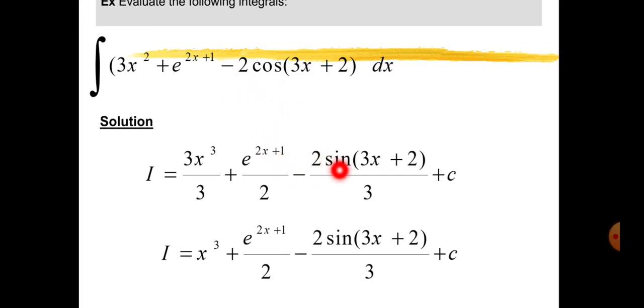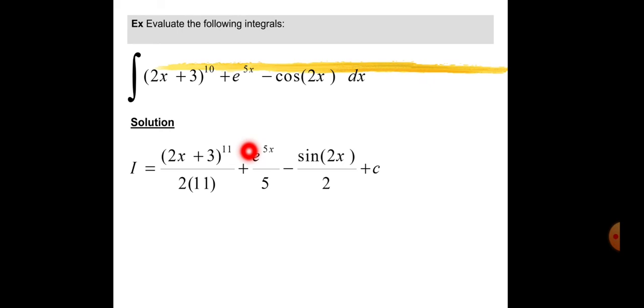Integration of cosine 3x plus 2 is sine 3x plus 2 over the coefficient of x, which is 3, plus the constant of integration. And you can simplify this problem by canceling 3 here, and you get the final answer as you can see in the final line.